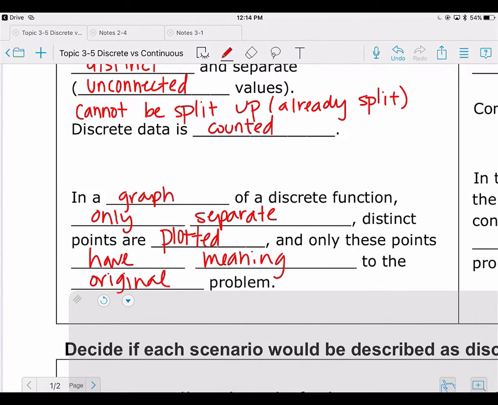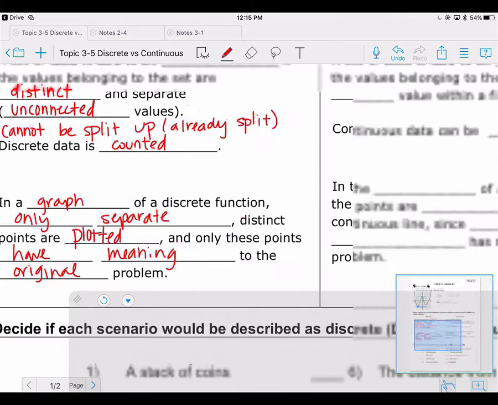For example, going with shoe sizes, if you were to graph everyone's shoe sizes, they would all kind of cluster, but we wouldn't have a continuous line for shoe sizes. We would have various dots based on shoe sizes. They would be very distinct points based on everyone's shoe size, and they would have meaning to the original problem, but anything outside of what we've plotted would not make sense for that problem.